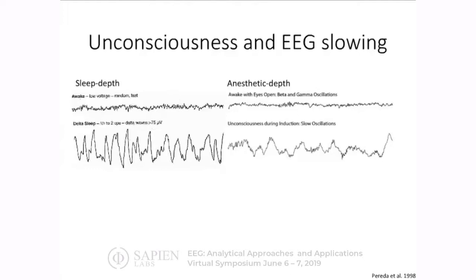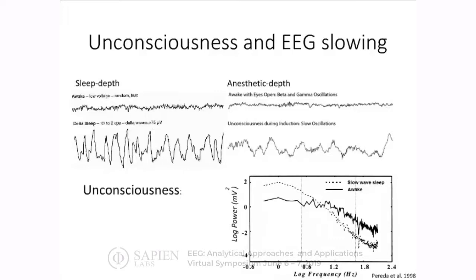Unconsciousness has been historically related to a process called EEG slowing, meaning that the characteristic oscillation goes from low voltage and fast frequencies to high voltage and slow frequencies. This has been shown both in sleep and anesthesia.